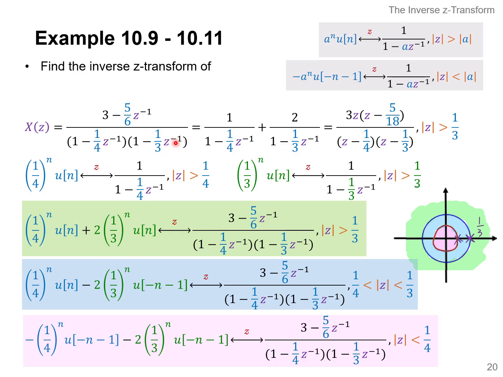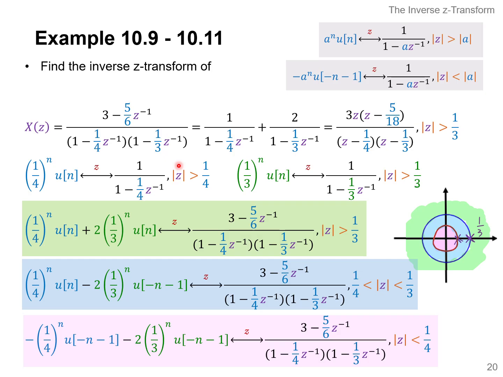Next, we find the inverse Z transform of a given function using partial fraction decomposition. The inverse Z transform lets us move from x of z back to the time signal x of n. We start with the given Z transform.